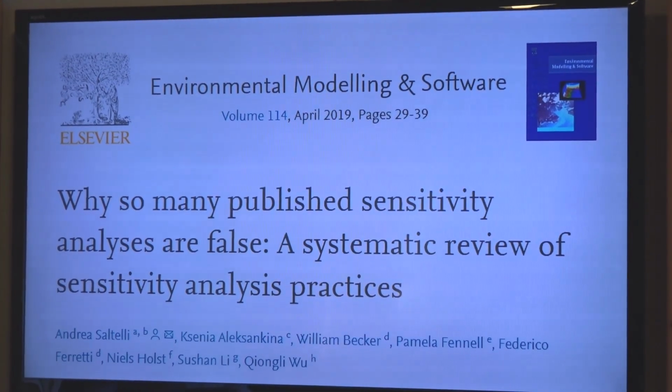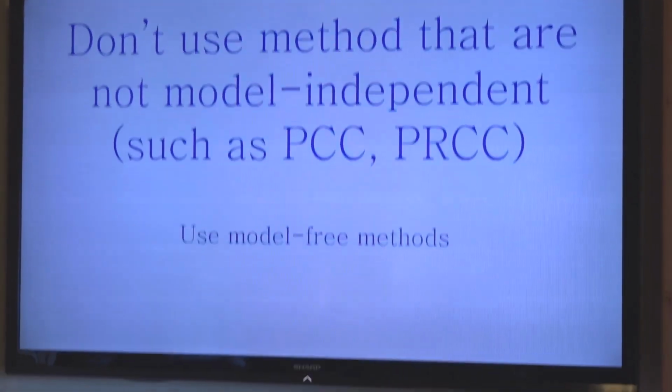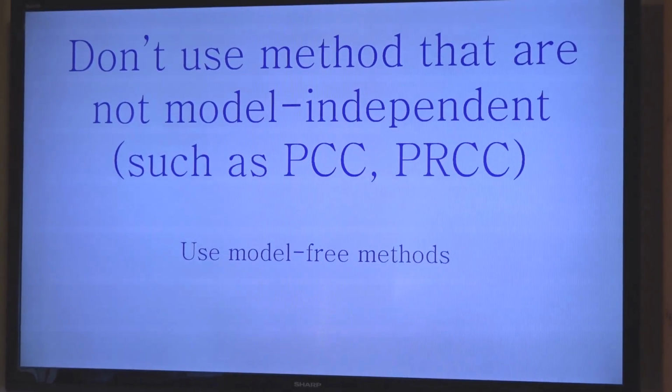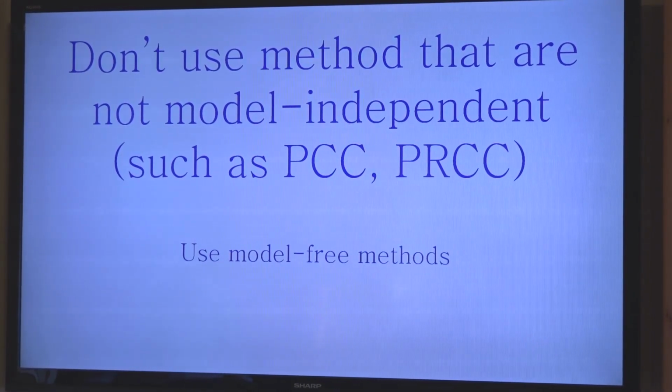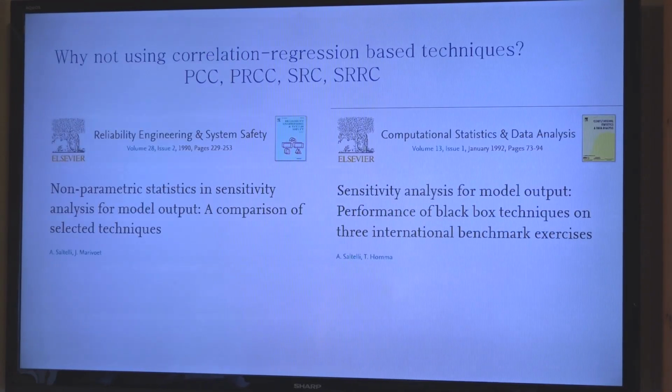Okay, this is a paper where we studied. Also, it's better not to use methods based on correlation or regression, because they all need some kind of assumption on the form of the model, like, for instance, monotonicity. This is the partial correlation coefficient or the partial rank correlation coefficient. It's better not to use them.